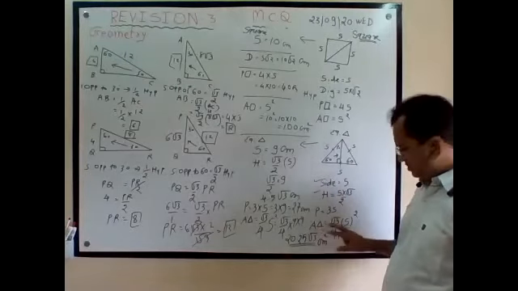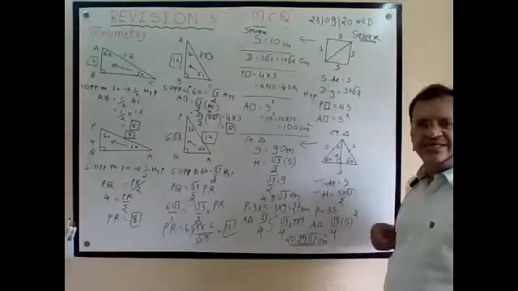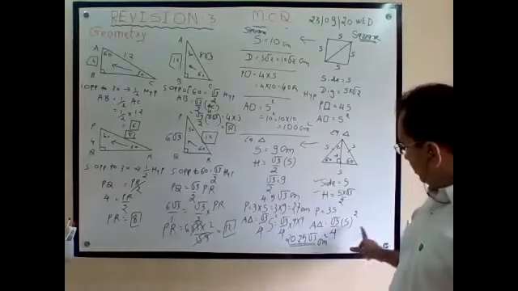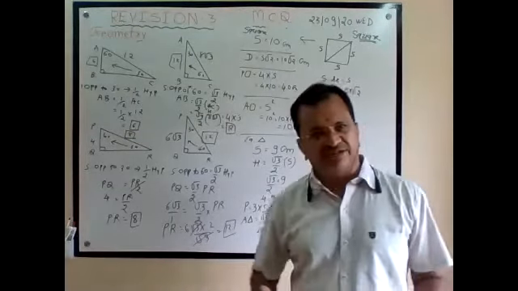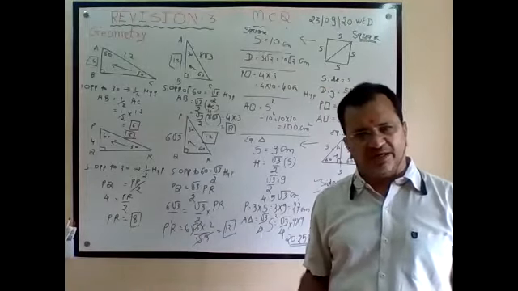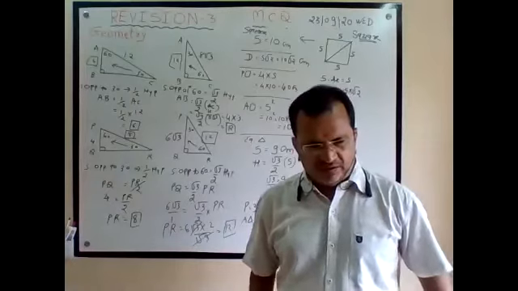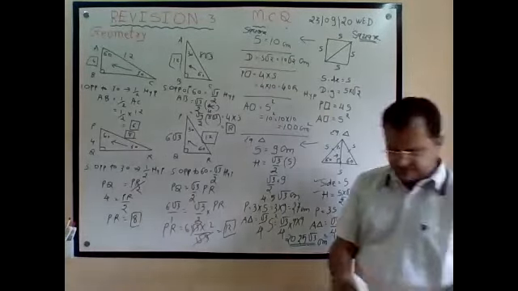When area is given, invert this, multiply by 4, divide by root 3, that is equal to side square, and take a square root, so you will get side. So like that, these 8 points are very, very important in this geometry chapter for MCQ. So we will see more examples of that.